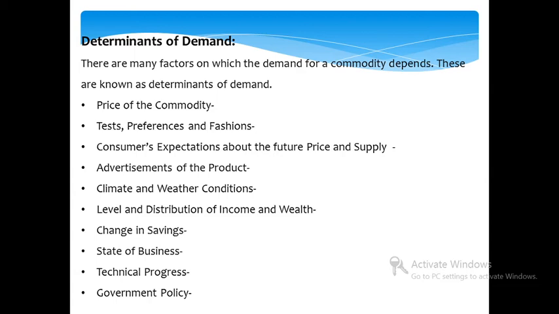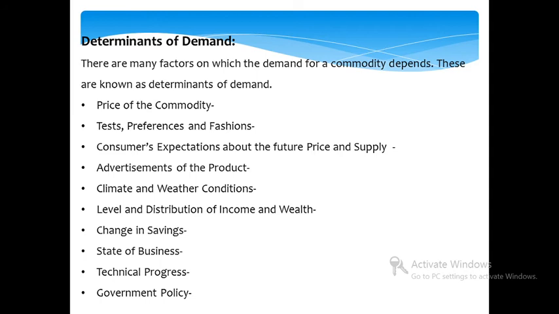Second is consumers' taste, preferences and fashions. Third is consumers' expectations about the future price and supply position. Then advertisement of the product.